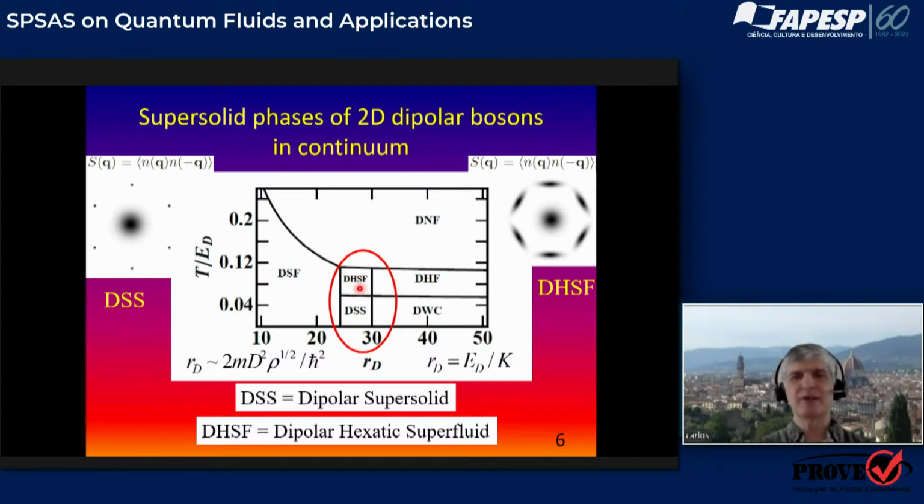And in a melted phase, this hexagonal structure is still more or less preserved, but translational symmetry is lost. This means these Bragg peaks are not sharp. They are fuzzy at the hexagonal structure. You still have a hexagonal symmetry, and that's called the hexagonal phase. It's a superfluid, but has lost discrete translational symmetry, so it's no longer a solid.